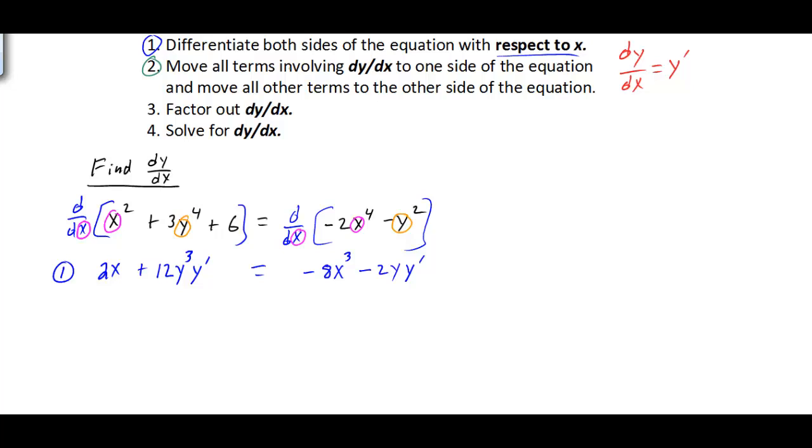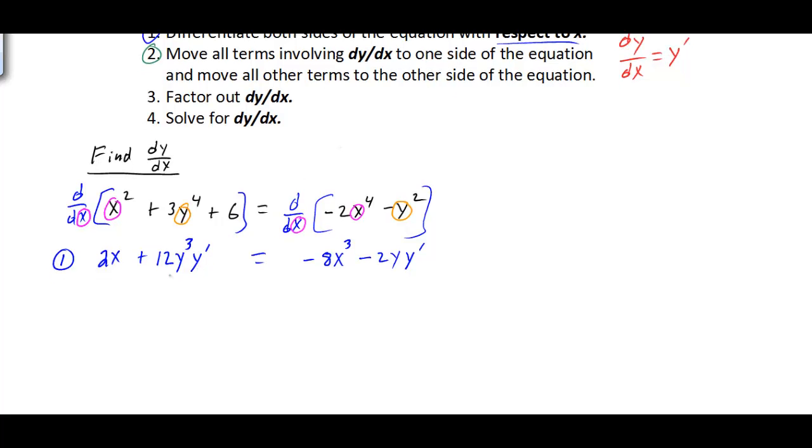Step number 2 says we need to move all the terms involving dy dx, or in our case, all the terms that have a y prime, to one side of the equation, and we want to move all the other terms to the other side. So we already have a 12y cubed y prime. We want to move over the negative 2y y prime, so that becomes a positive 2y y prime, and subtract the 2x to the other side.